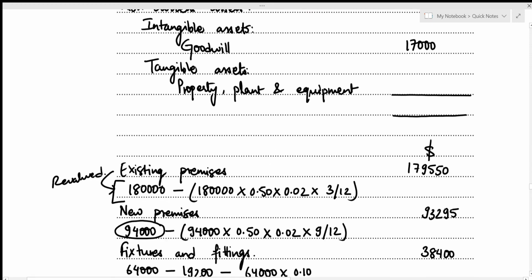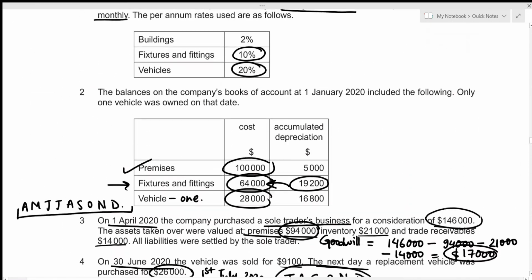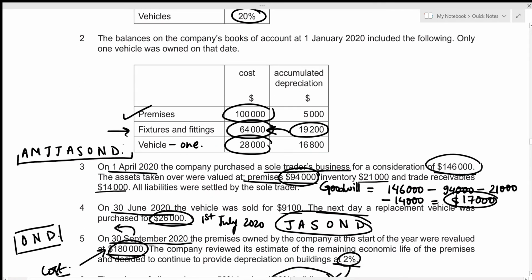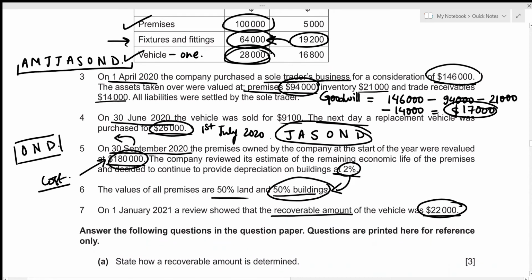Let's have a look at the above information again. Now for vehicle. This vehicle is already sold, so we do not need to record this vehicle's net book value in our statement of financial position, but what we know is that we bought in another replacement vehicle at the cost of 26,000, and we also figured out that there was an impairment loss, and whenever in case of impairment loss, we always record the net book value of the vehicle at the rate of the recoverable amount, which is given right here to be 22,000.